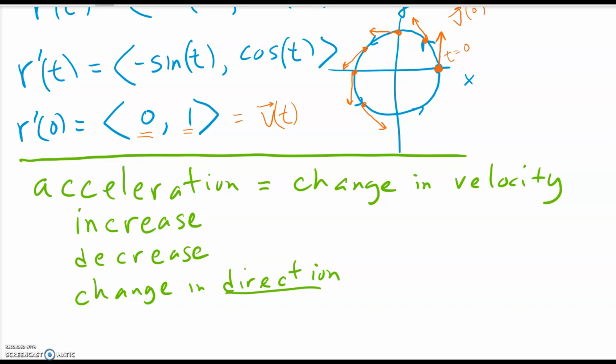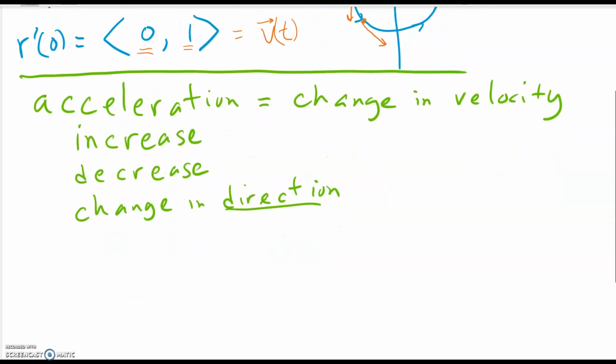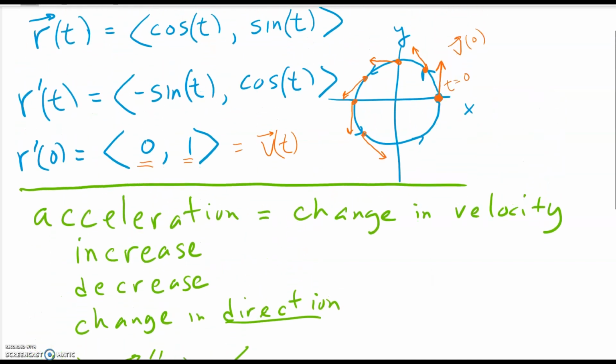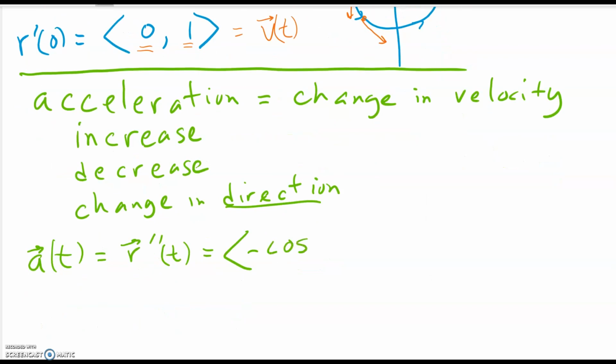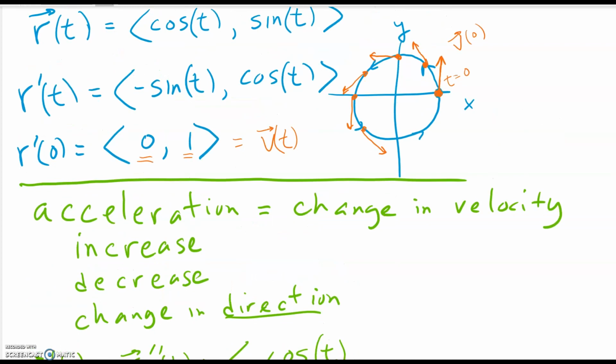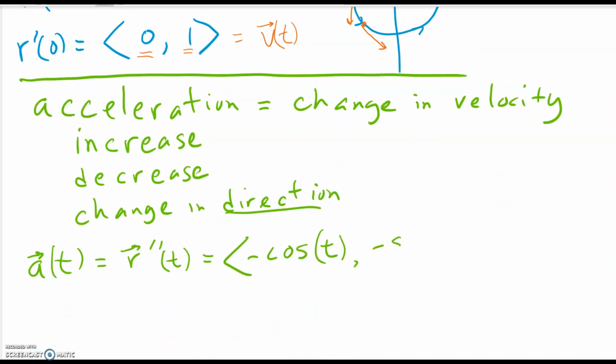So r prime of t we know is (negative sine, cosine). So the acceleration vector is a function of time, which is the second derivative of r, which would be: derivative of negative sine is negative cosine of t, and then the derivative of the y component, cosine, would be negative sine of t.